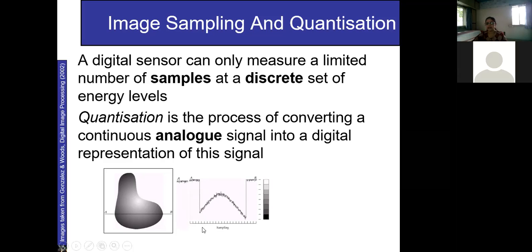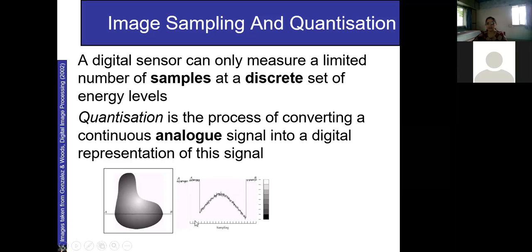Your x-axis is not continuous in nature, but we are only considering samples at these particular distances. They are placed at some unit distance. So we are not considering a continuous axis, but we are considering these small sampling instances, and hence only these samples which are shown here by small circles. So this is the meaning of sampling.